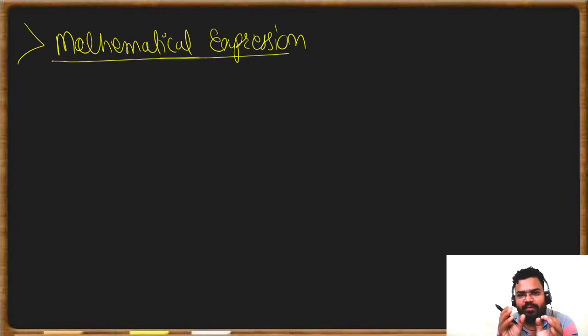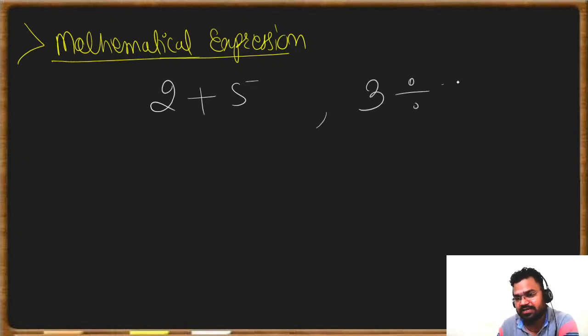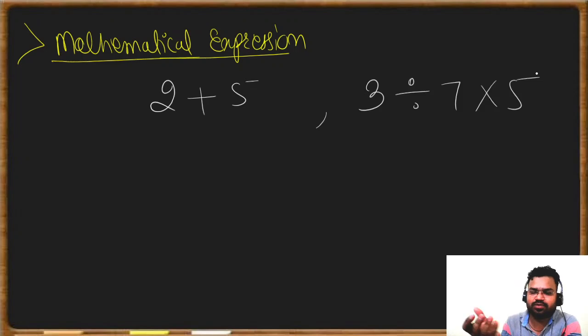Simply, it is a combination of constants and operations. For example, 2 plus 5 is an example of a mathematical expression because it contains constants and operations. Yes or no? In the same manner, you can write 3 divided by 7 into 5. This is also another example of a mathematical expression.